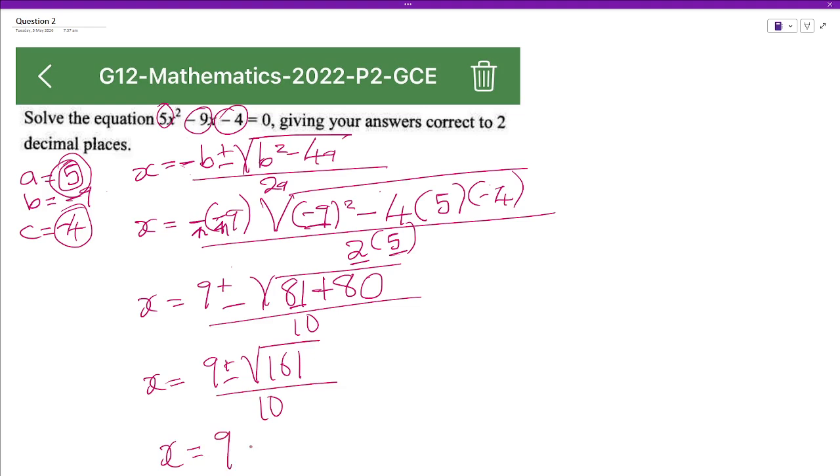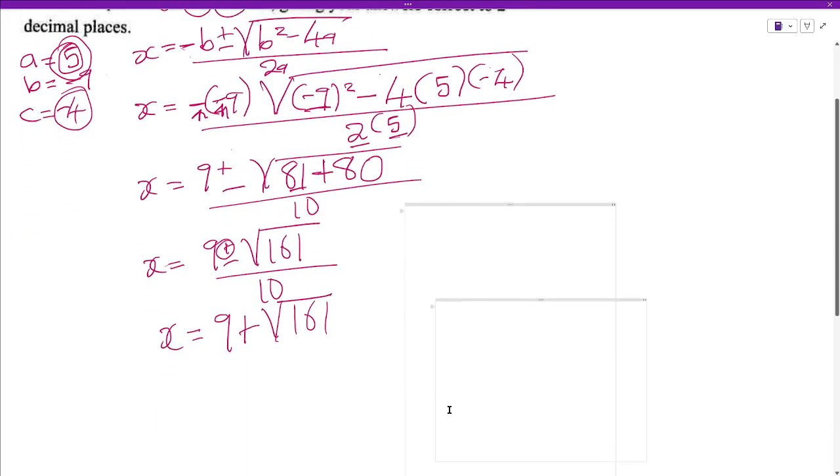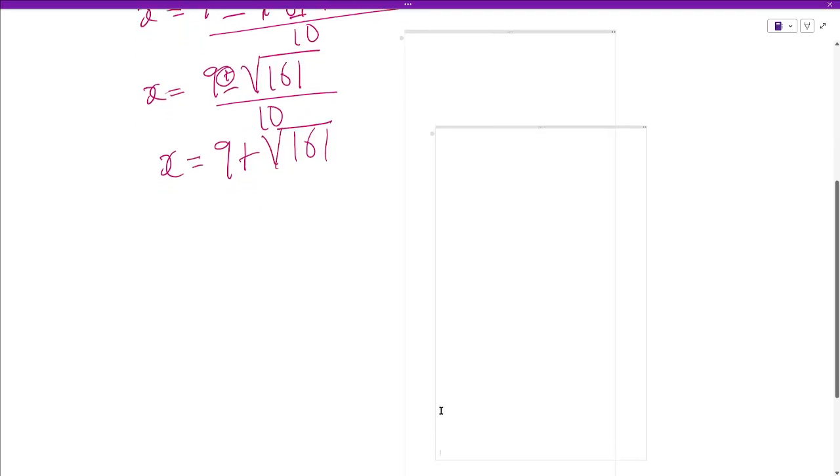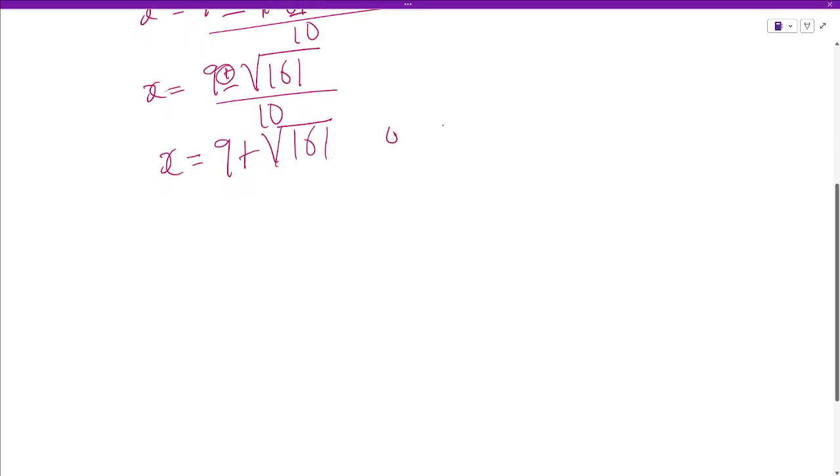We're going to say 9, we pick the positive, plus square root of 161. Okay, let me just push the screen downwards. I think that will be enough. Then we say x is equal to 9. This time around we're going to pick the negative, this one right there.